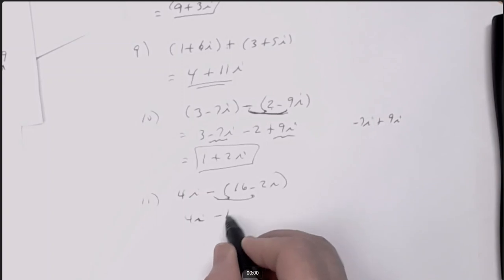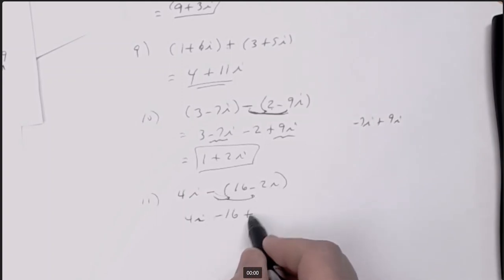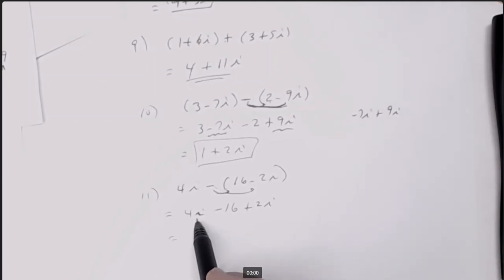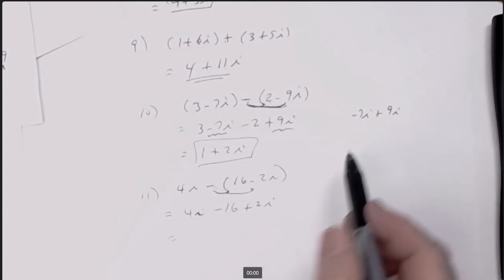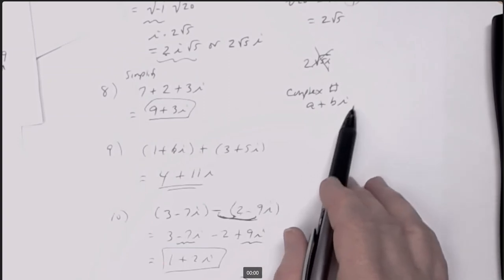Minus 16. 4i plus 2i is what? 6i. Notice when we put it in the form a plus bi, and they're going to ask you to do that, always put the i part last. So you write negative 16 plus 6i. Always put the imaginary part second.